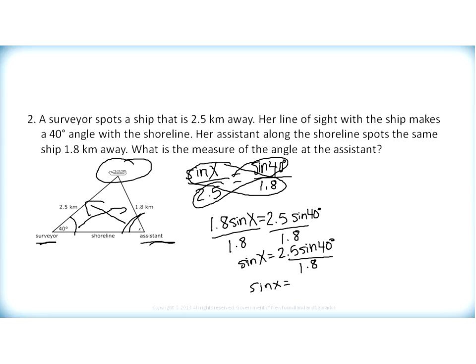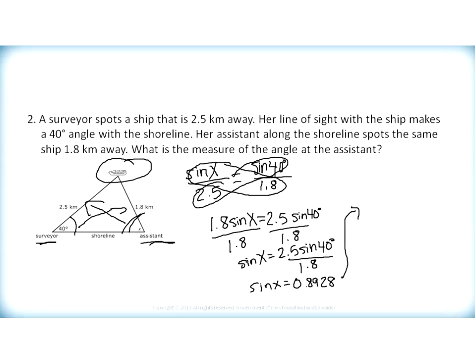So I type in 2.5 times sine 40 degrees divided by 1.8, which means that sine x is equal to approximately 0.8928.